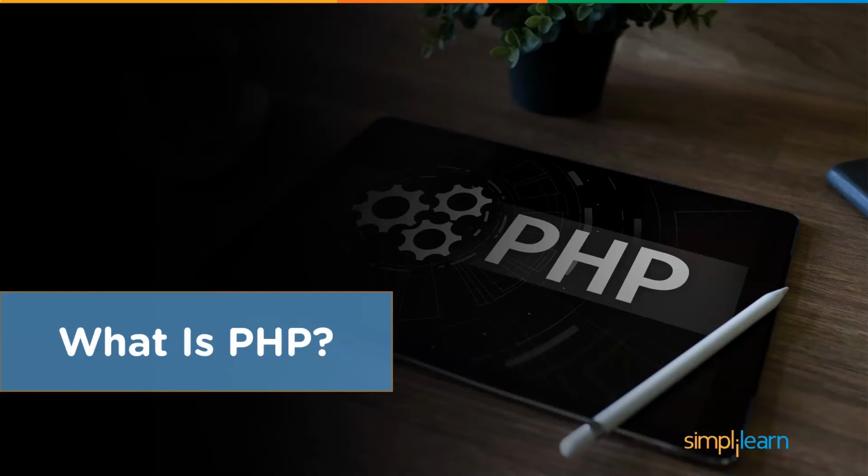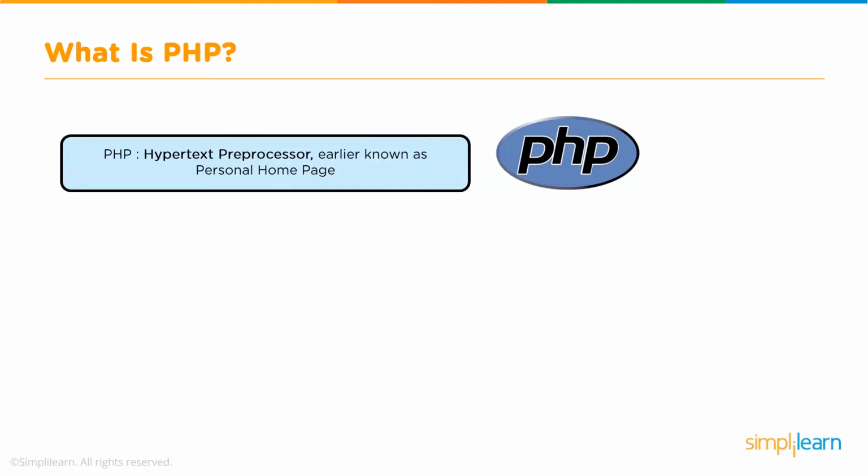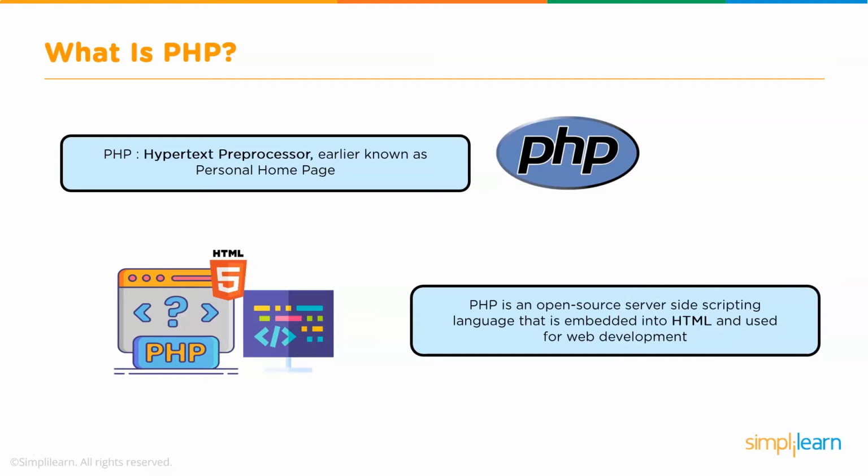Now, before moving on to programming concepts, let us first see what is PHP and some of the reasons why it is useful. PHP stands for Hypertext Preprocessor, which is a recursive acronym but was originally known as Personal Homepage. PHP is an open source server-side scripting language that is embedded into HTML and used for web development.